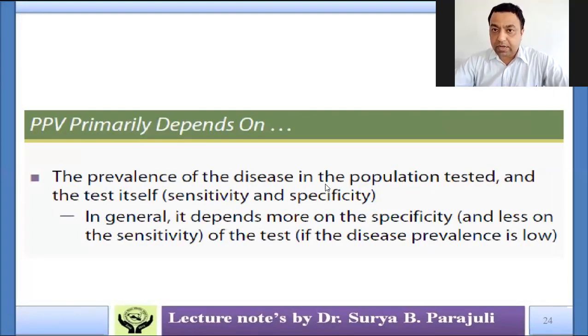The PPV primarily depends upon the prevalence of the disease in the population tested, and the test itself, its sensitivity and specificity. Sensitivity and specificity are quite fixed, but positive predictive value and negative predictive value depend on prevalence. This is a somewhat complicated MCQ question.